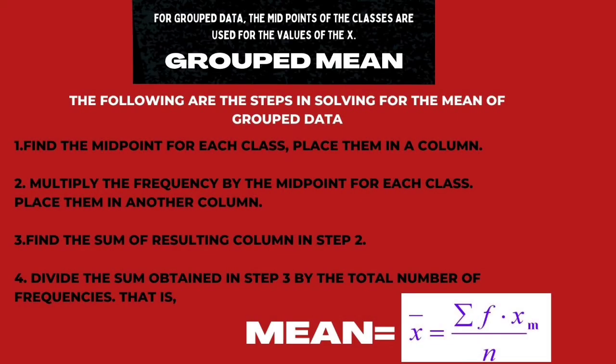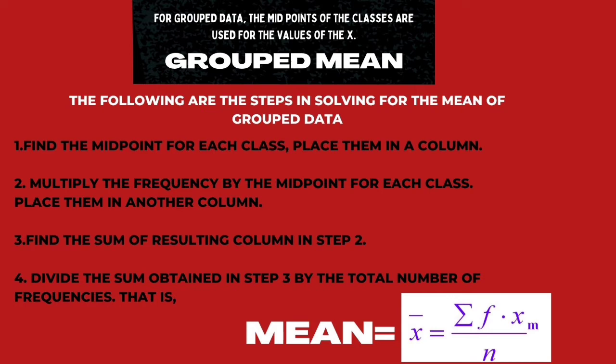For grouped data, the midpoints of the classes are used for the values of x. Grouped mean. The following are the steps in solving for the mean of grouped data. Number 1. Find the midpoint for each class. Place them in a column. Number 2. Multiply the frequency by the midpoint for each class.